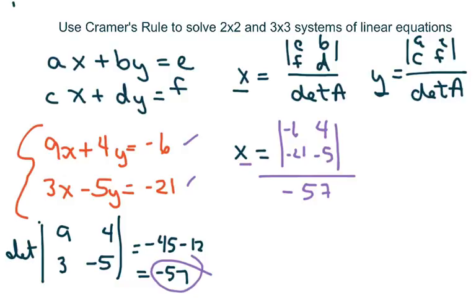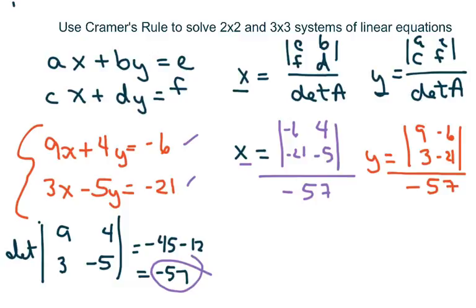Okay, and then for my y, I'm going to fill in my x values, which is 9 and 3, but I'm going to put negative 6 and negative 21 in, all over my determinant of A, which was negative 57.